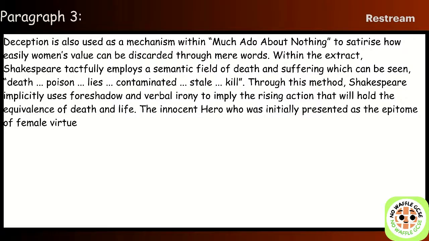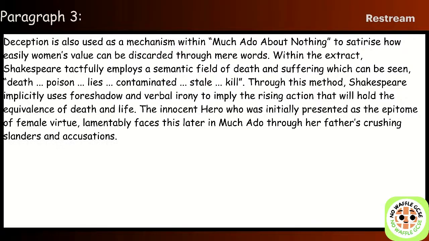Now, the innocent Hero, who was initially presented as the epitome of female virtue. I mean, compared to Beatrice, Hero was literally a saint, a living saint. Lamentably, which just means unfortunately, she faces this later in Much Ado About Nothing through her father's crushing slanders and accusations. This is what you guys are talking about in the chat.